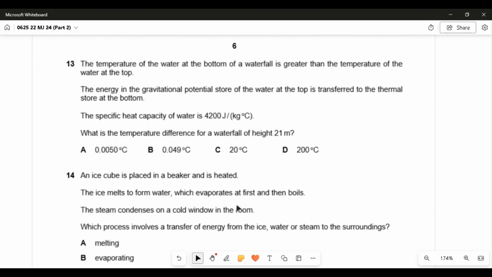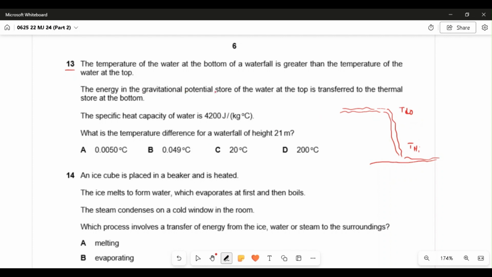Question number 13. The temperature of water at the bottom of the waterfall is greater than the temperature of the water at the top. For example, this is a waterfall, and this is the stream. In this waterfall, this temperature is low and this temperature is high. So temperature increases as it goes down.